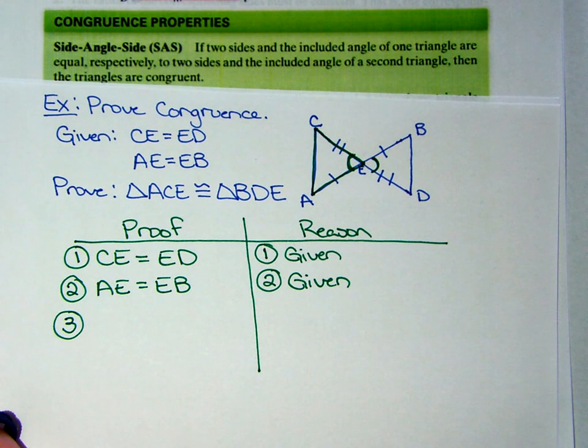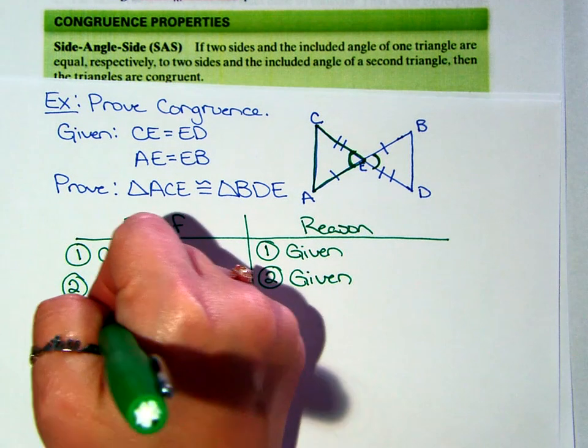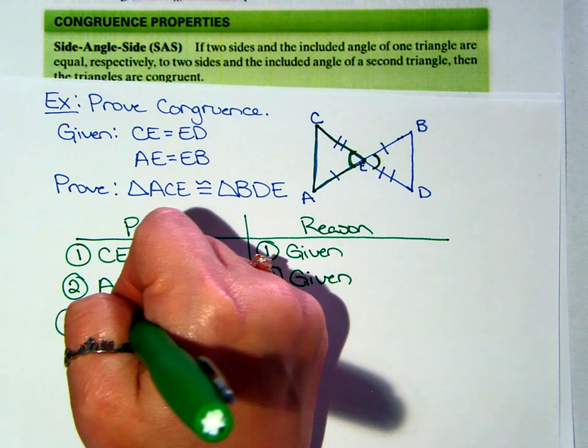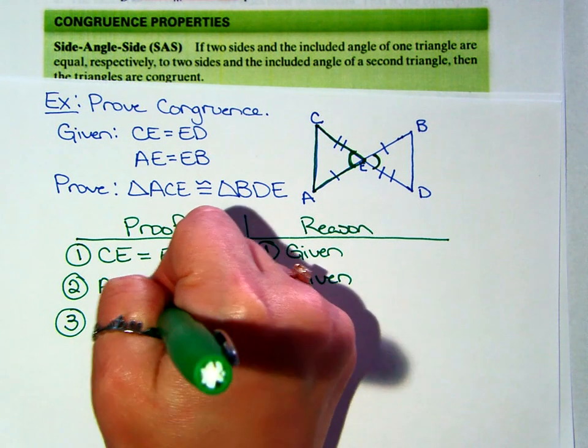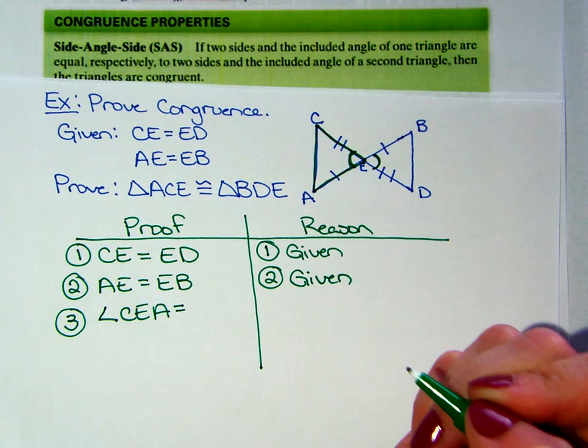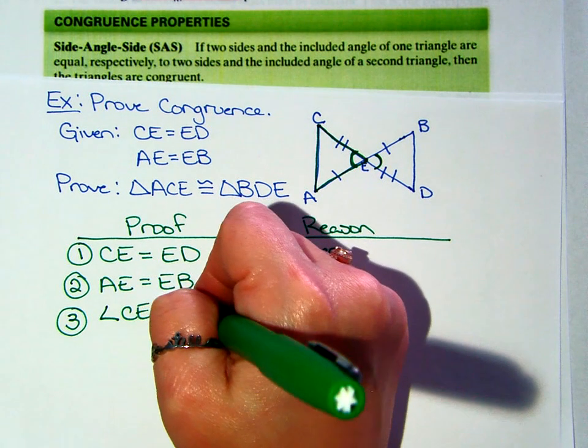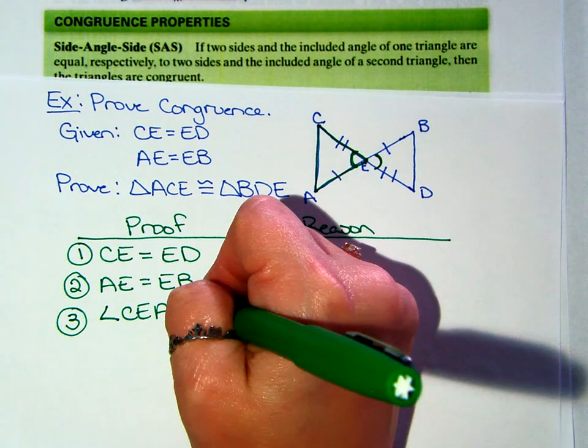So that would make it an intersecting line, like we did before. So that makes these 2 angles what? There's a special term for what these angles are, because we're trying to prove that angle CEA is equal to angle DEB.